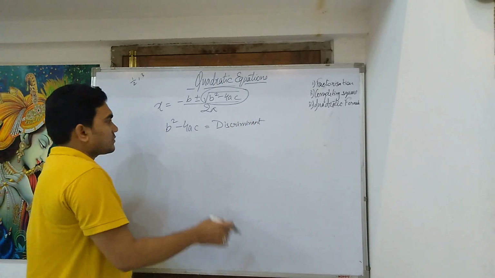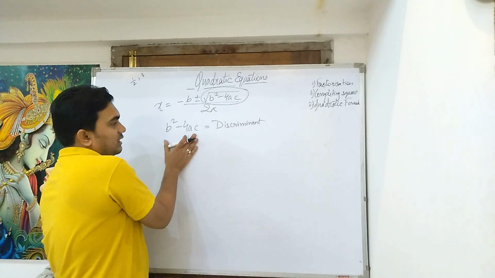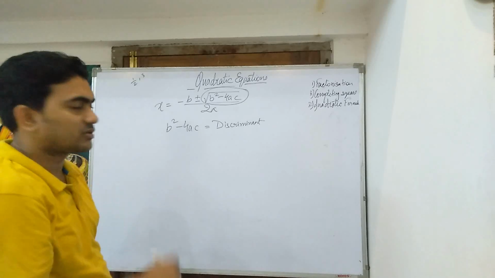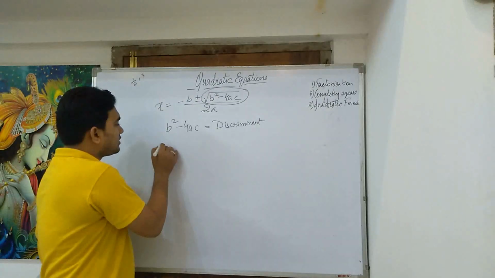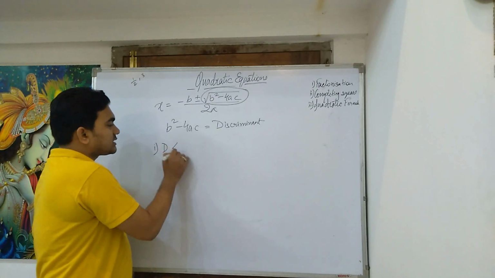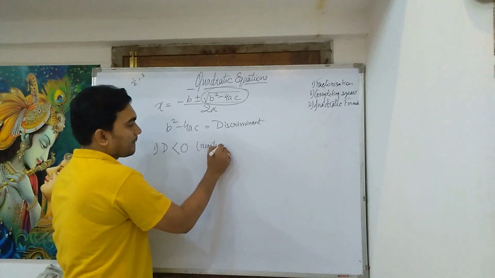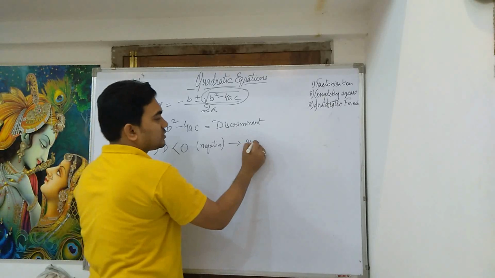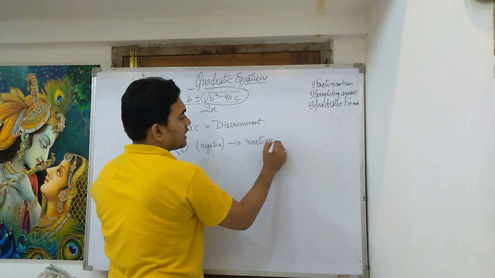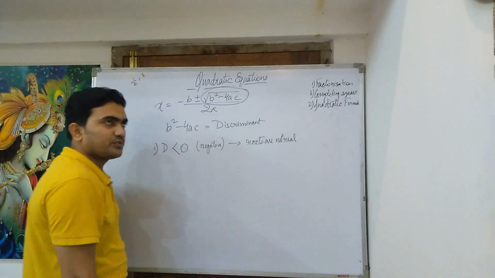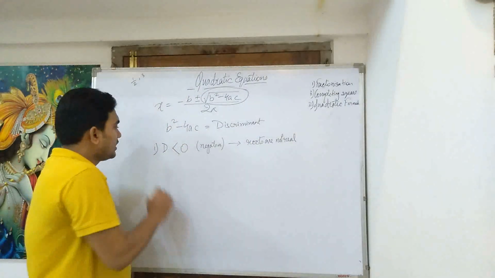If this discriminant is calculated first, then we can say whether the roots are real or not. If the discriminant is less than 0, that is negative, the roots are not real. We cannot have real roots.